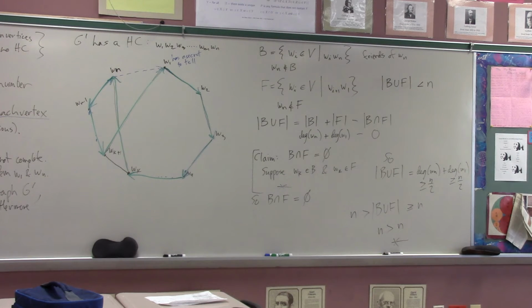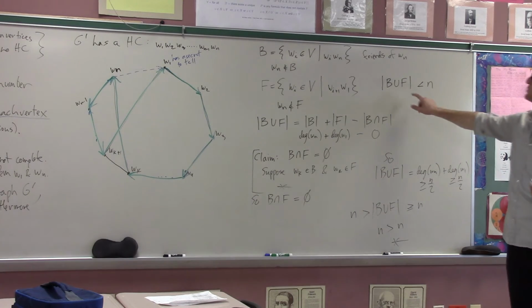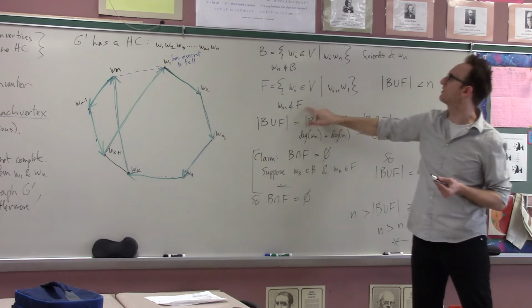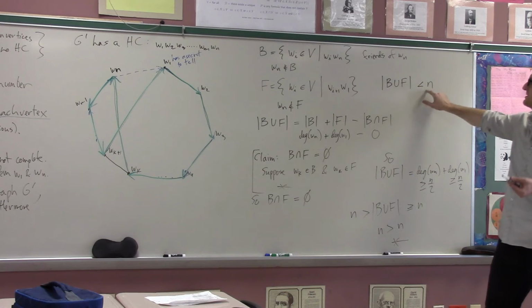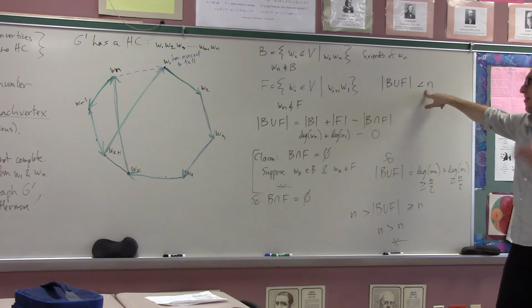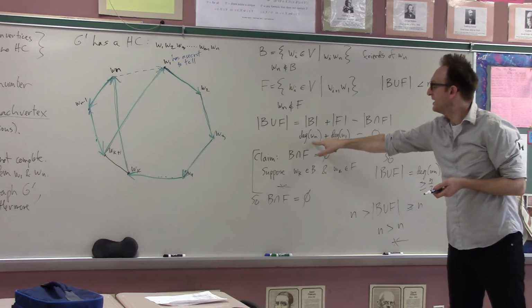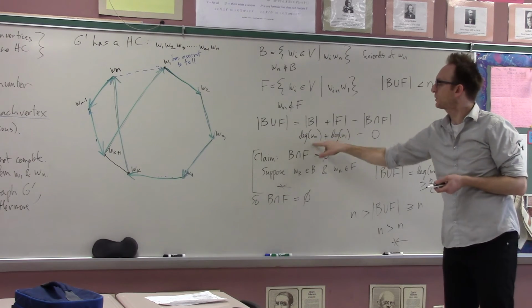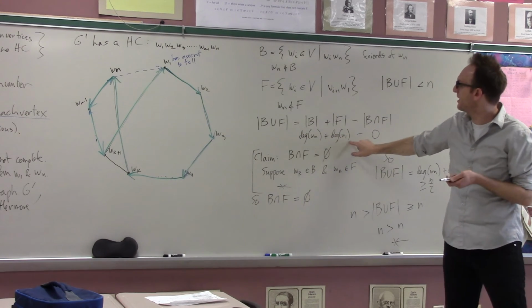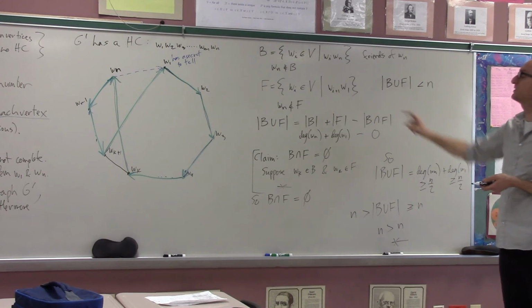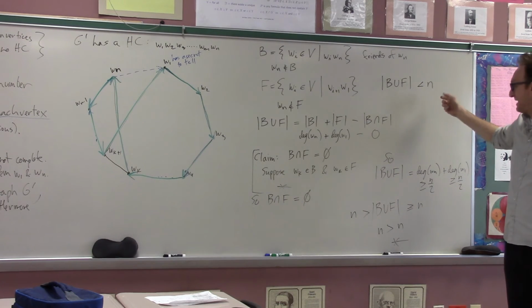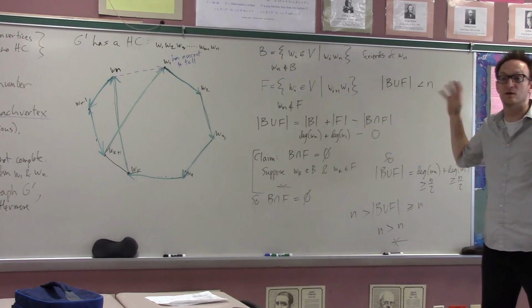Okay. So many things happened. I made these two weird sets. I showed that there's something which is not in either of them, so the total sum of the sets has to be less than all the vertices. If each of the people who these sets were constructed to be the set of people friends with has enough friends, then altogether that set has to have at least n friends.